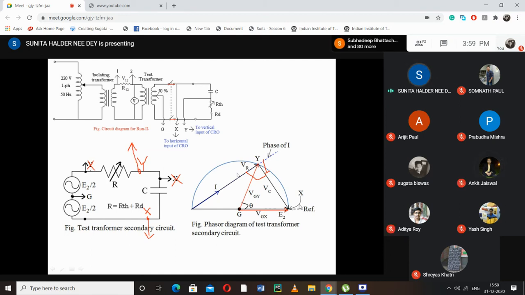So if we want to measure 0 degree, we shall open the resistance, because open the resistance means it is infinite resistance, right? Now if we short the resistance, then what will happen? Here will be 0. Then Y point will shift here. Am I right? Then in that case, theta will be 180 degree.